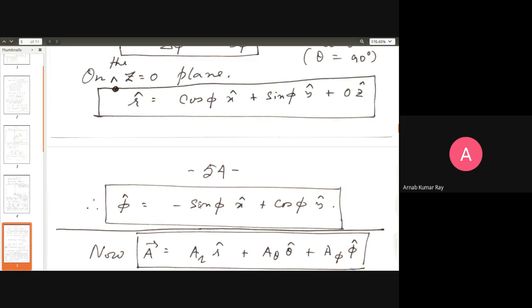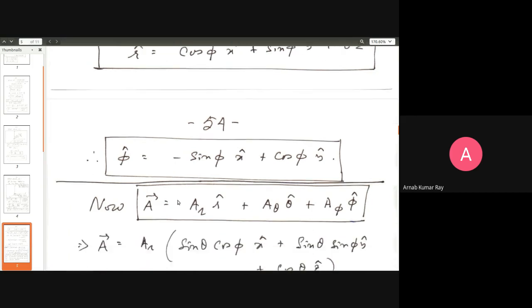Cos phi gives you minus sine phi on taking a derivative, and sine phi gives you cos phi. You should immediately realize that it's the same formula of phi cap as you got in the cylindrical coordinate system.